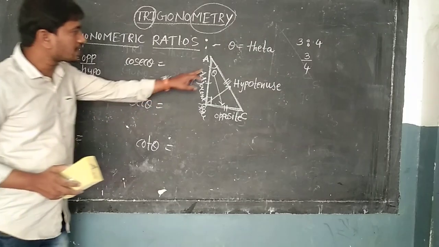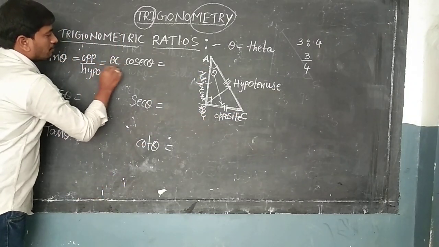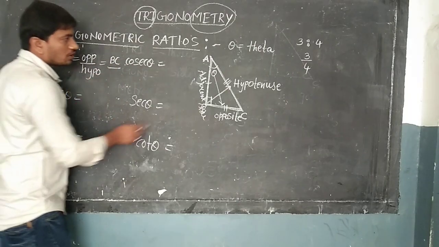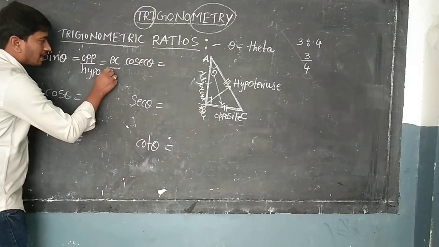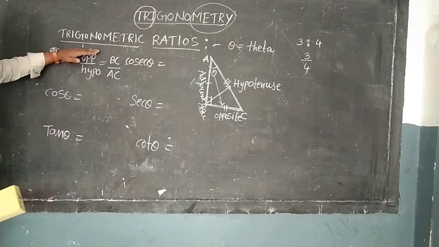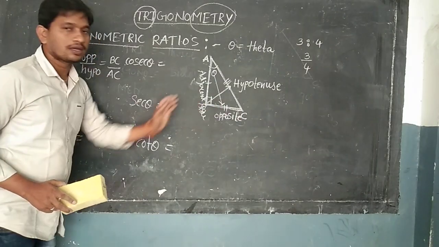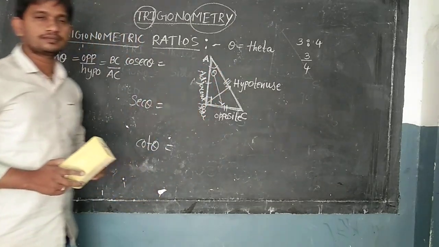Our opposite side is BC and our hypotenuse is AC, so I can write sin theta as BC by AC. Is it clear, students? Sin theta is the ratio of opposite side upon hypotenuse, where the opposite side is BC and the hypotenuse is AC.